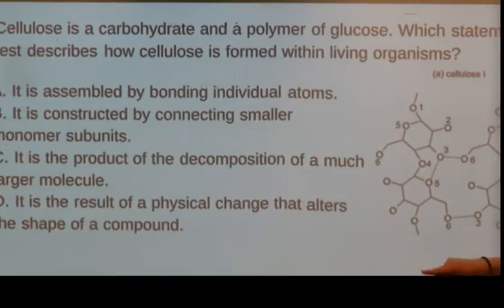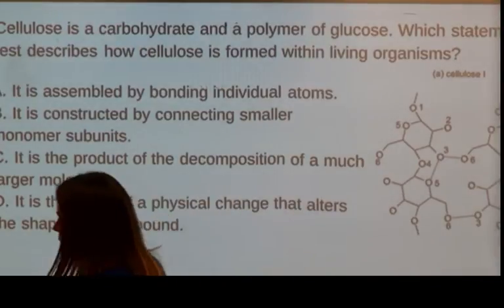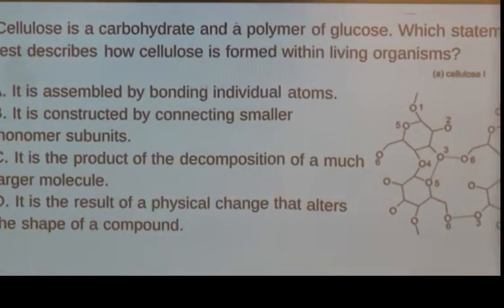So, it tells you that cellulose is a carbohydrate, which hopefully you know, and is a polymer of glucose. Which statement best describes how cellulose is formed within living organisms?